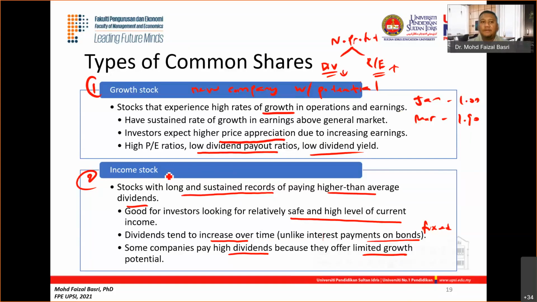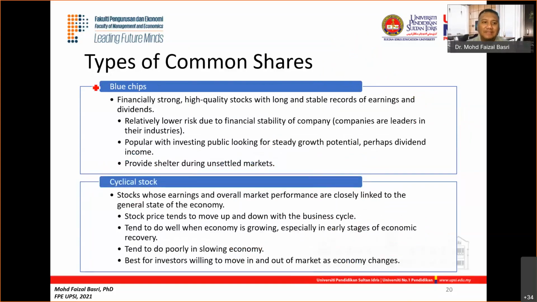Okay, number 3. This is considered the best in the respective industry. The stock is called blue chips. Financially strong, high quality stocks with long and stable records of earnings and dividends.